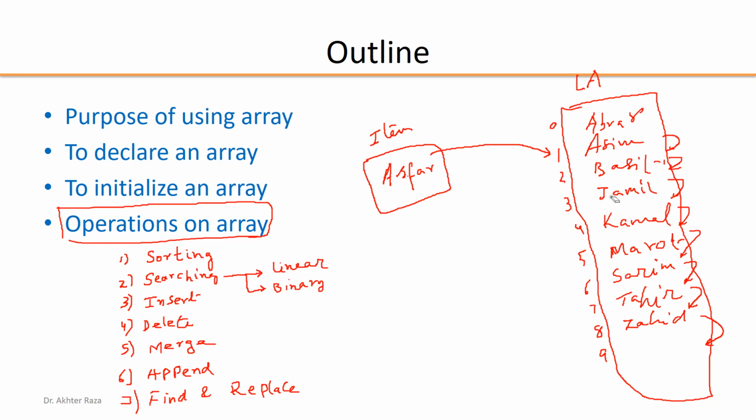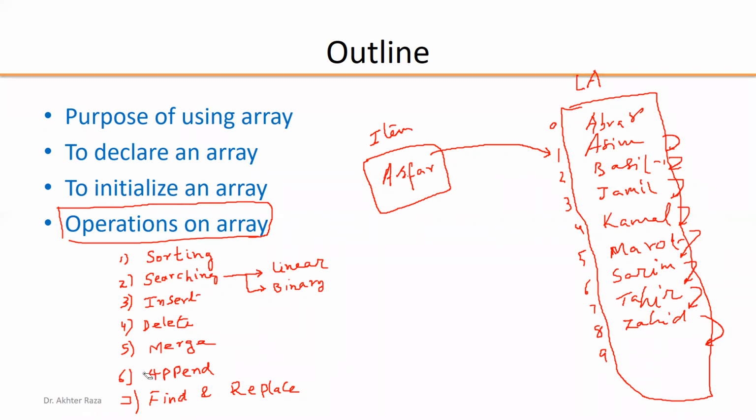If I delete Jamil, then Kamal will be moved to the position of Jamil, Marut will be moved to the position of Kamal, and so on. So one element moves back in deletion and one element moves forward in insertion. Insertion and deletion are the two important operations on a linear array.